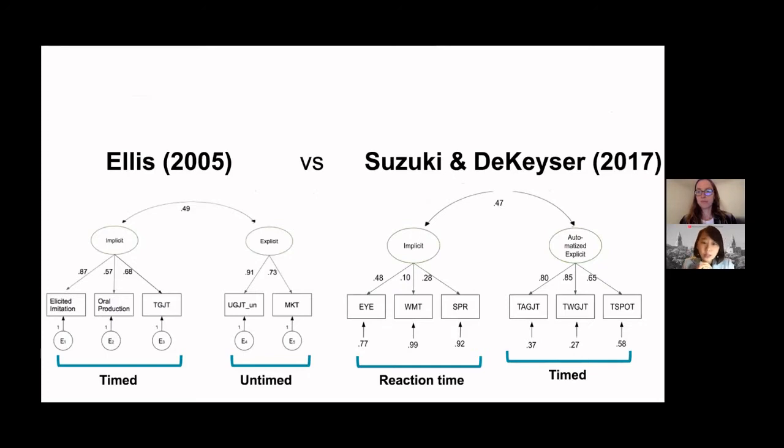Since Rod Ellis's 2005 paper, a series of studies has looked into this very question of what are valid measures of different types of knowledge.